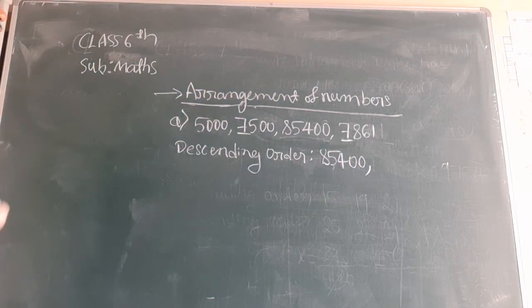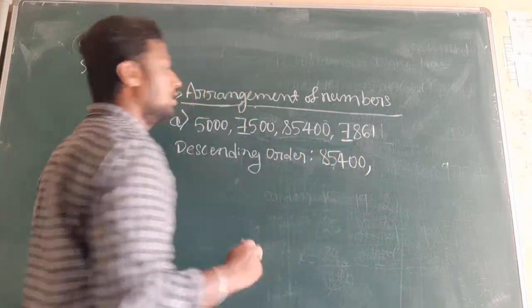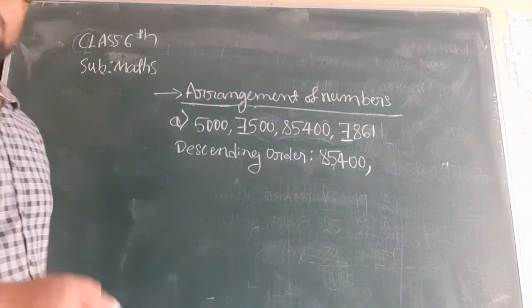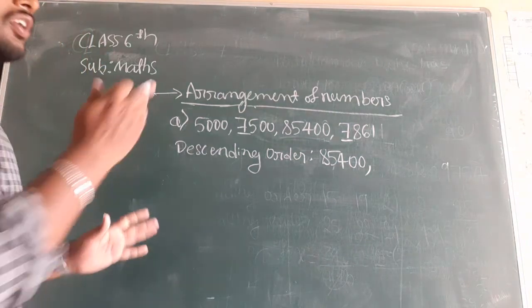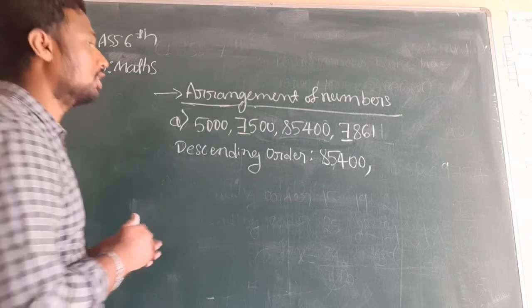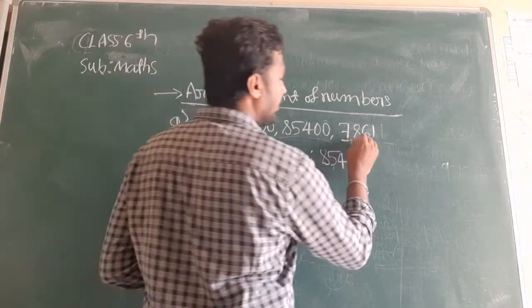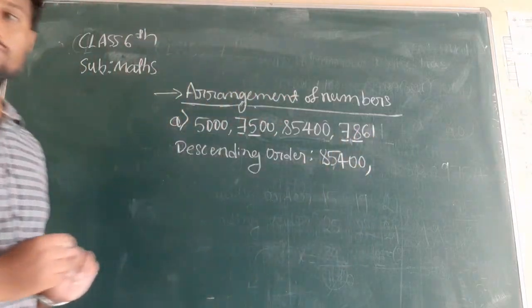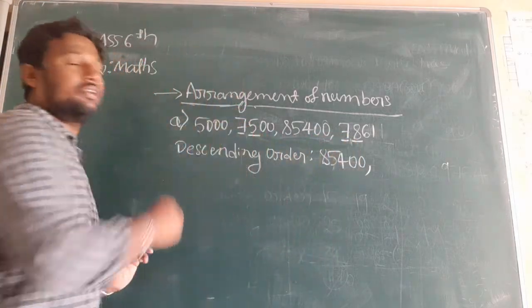What I told, when in the highest position we get the same numbers, then we have to check with the next position. After the thousands position, what do you have? That is the hundreds position. So in the hundreds position here we have 5, but here we have 8. So we know that this 8 is greater than 5.